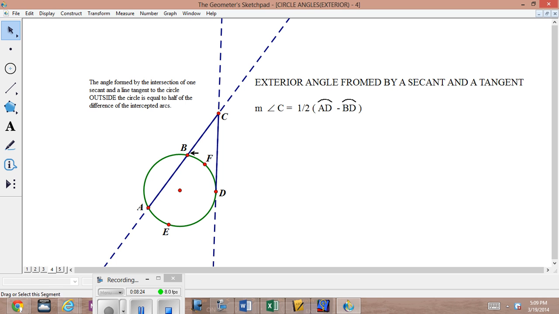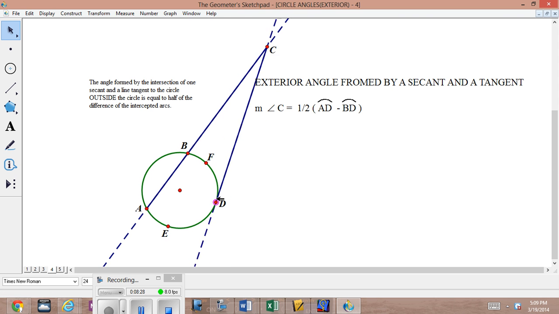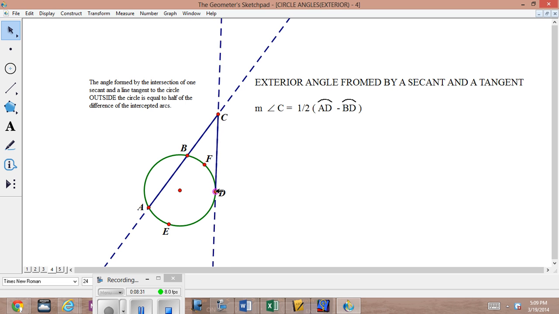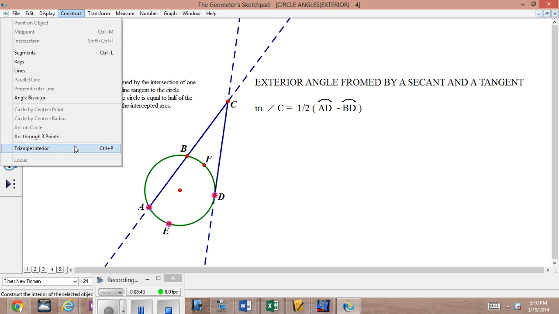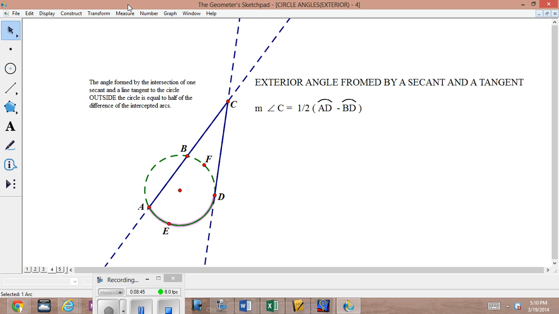Same thing over here. Here is the exterior angle formed with one secant and one tangent. Again, point D is the point of tangency. It's only touching at 1 point. We measure the arc through AED, construct that arc first, and measure that arc.